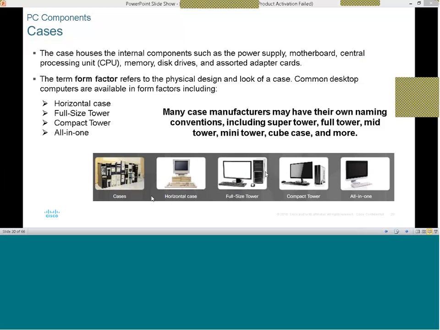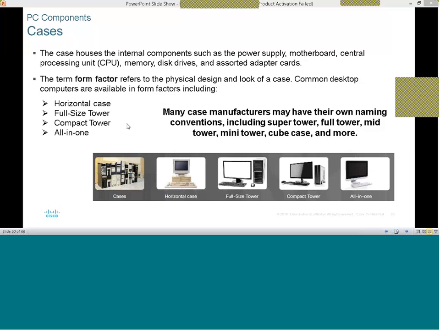Hence, we should note that these are computer cases and they come in different form factors. When we talk about form factors, we're saying they come in different shapes and sizes. The term form factor refers to the physical design and look of a case. Common desktop computers are available in form factors which include the horizontal type, full size, compact size, and all in one.